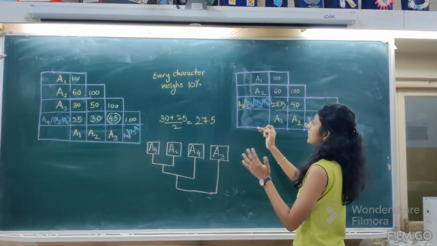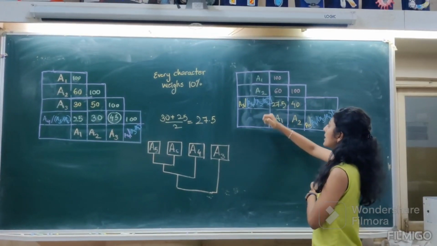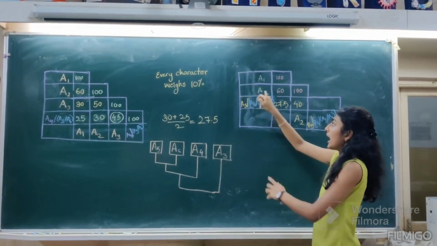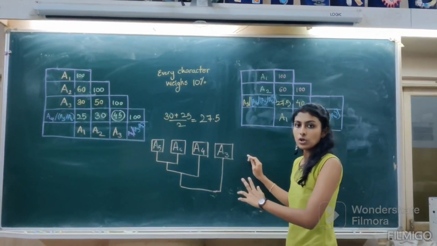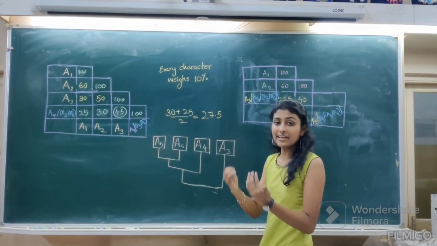Another thing which we can notice from this matrix is your A1 and A2 are 60% similar with each other. So there can be another branch of two similar organisms, which is A1 and A2.